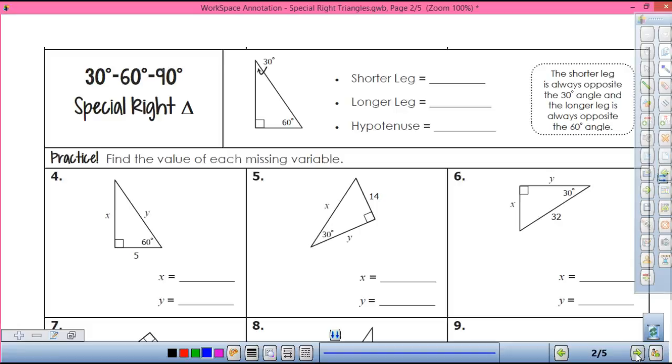My other special right triangle is the 30, 60, 90 right triangle. Now, my shortest leg is always across from my smallest angle, right? So across from my 30-degree angle is going to be my shortest leg.